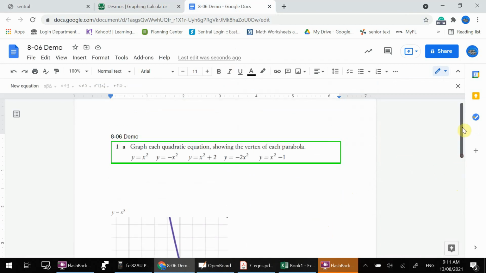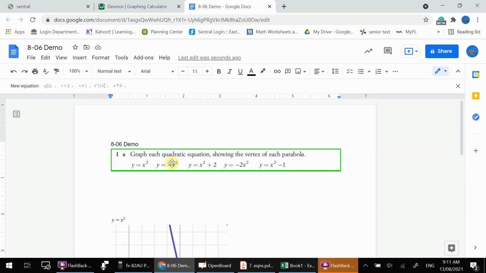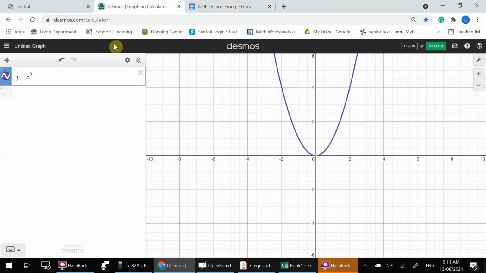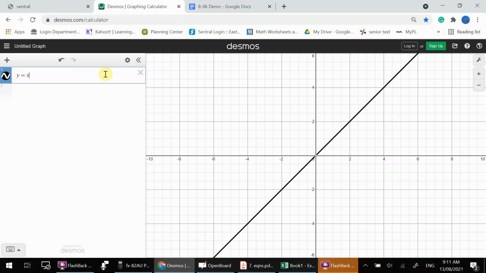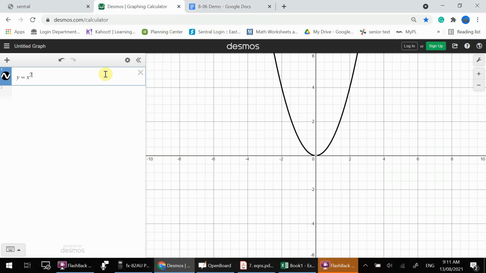So the same with these other ones. Y equals minus x squared, y equals x squared plus 2 in the graphing calculator. Take that one off. Y equals x squared plus 2. There it is.